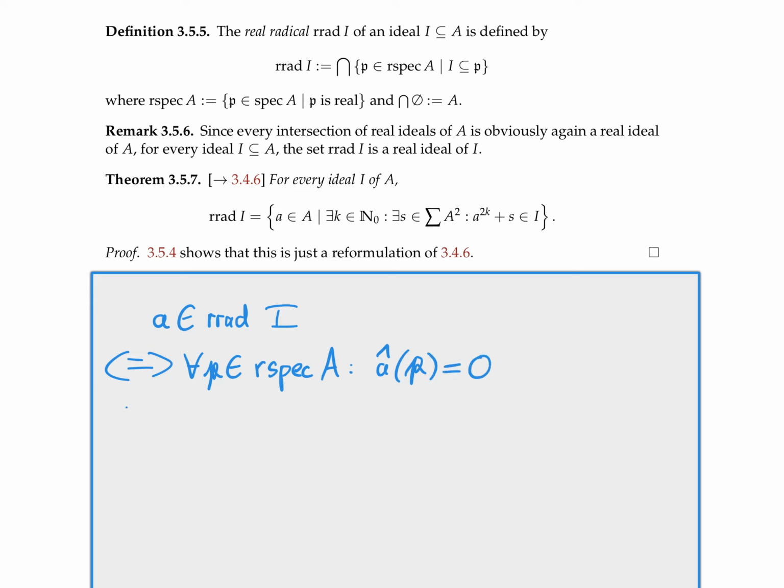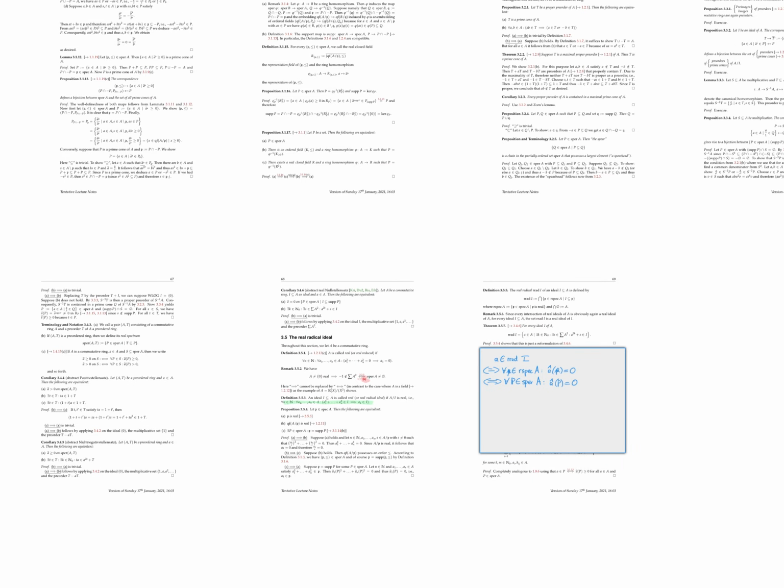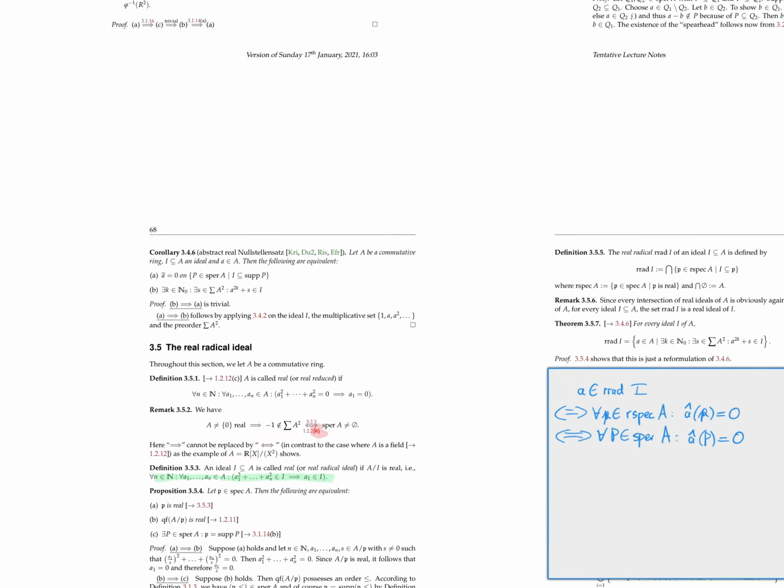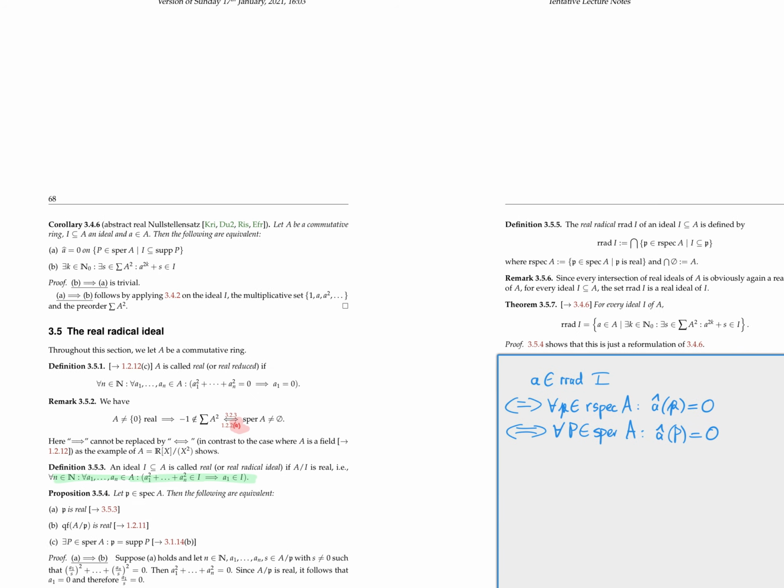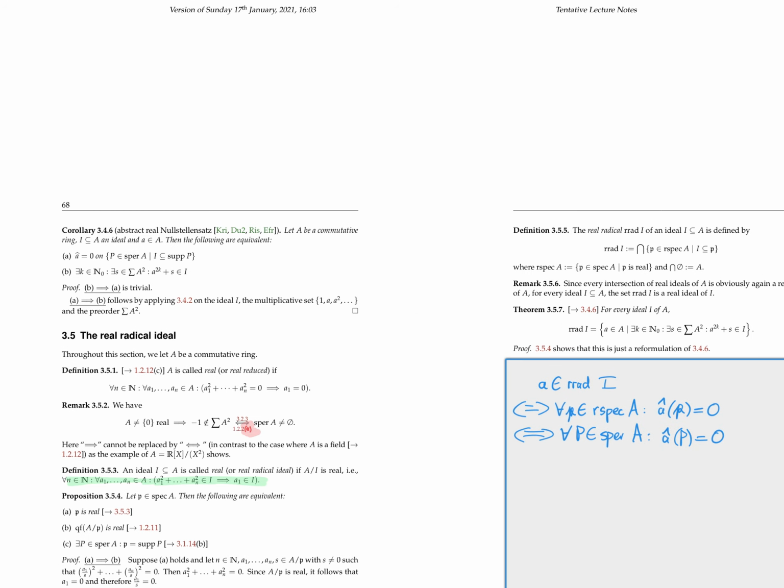But since these real prime ideals are exactly the supports of prime cones, I can write this as: for all P in spec A, A hat of P equals 0. And now by the abstract real Nullstellensatz, I take it with I to be the zero ideal.